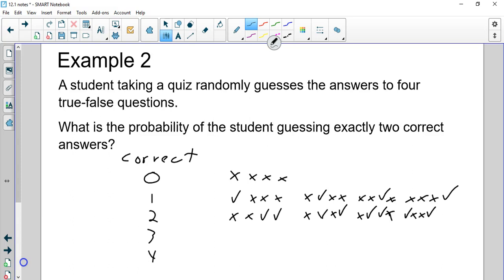I'm running out of space here. You could have every other one, but starting with right. And you could have the first two right and the last two wrong. Okay? So, how many choices are there? There's 1, 2, 3, 4, 5, 6.